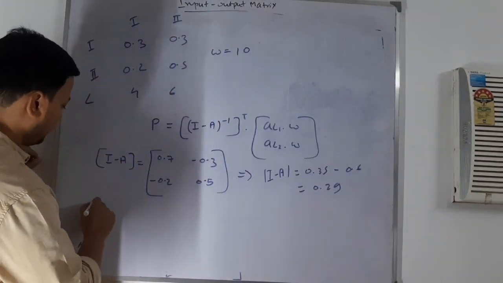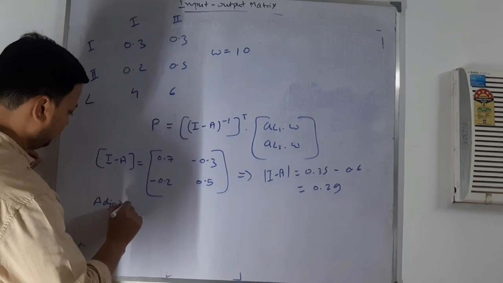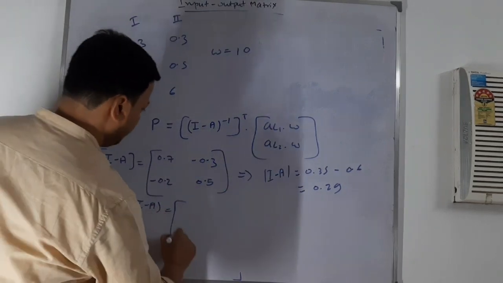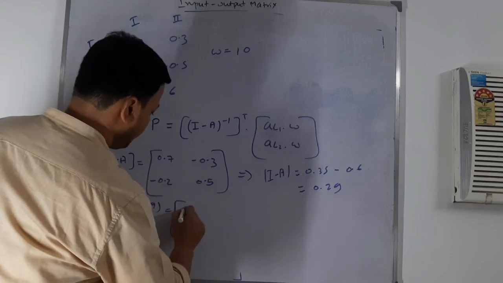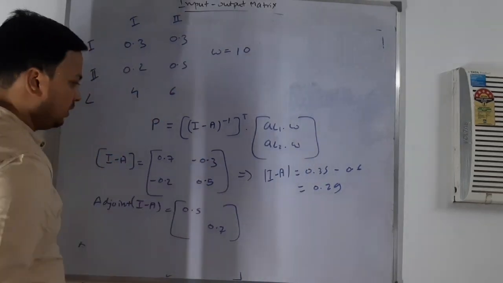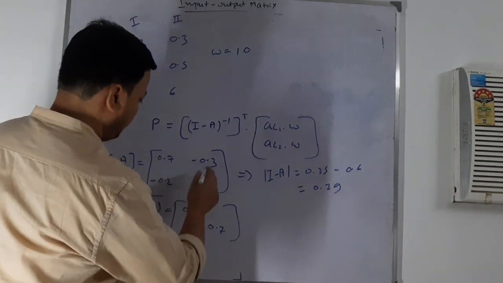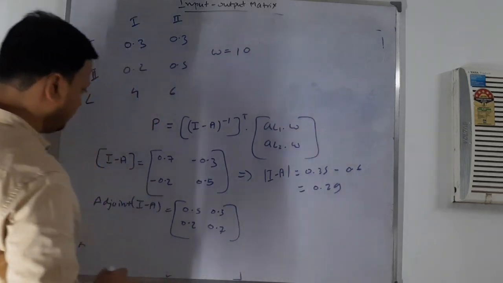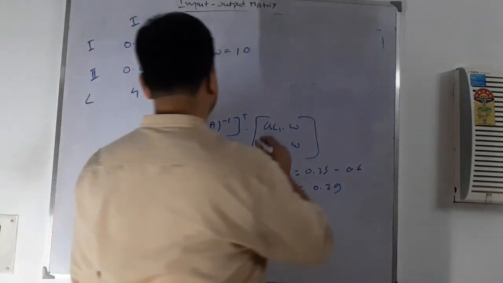Now I have to take out the adjoint of I minus A. Reverse the principal diagonal elements and change the sign of the other elements. So this will be 0.3, 0.2.